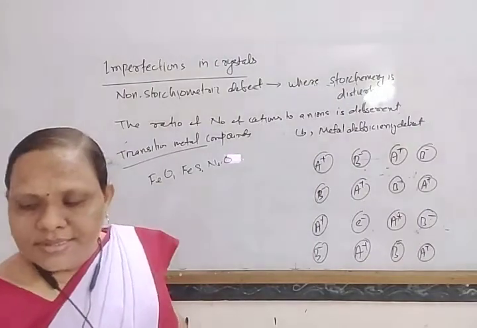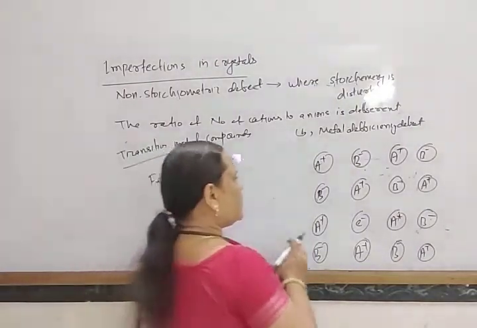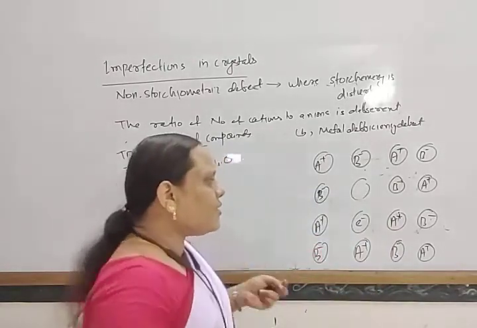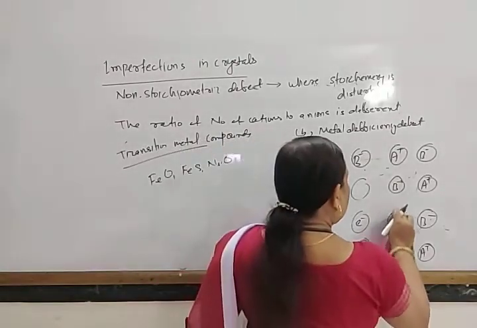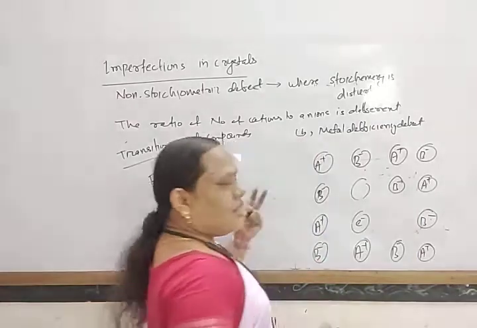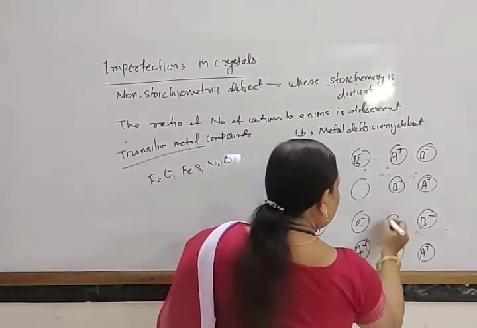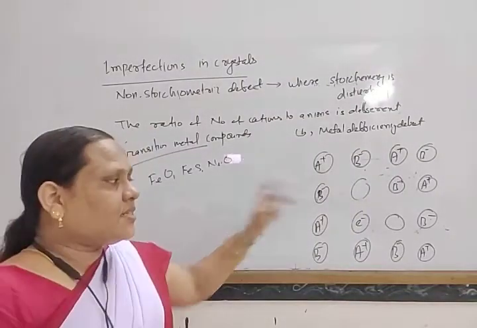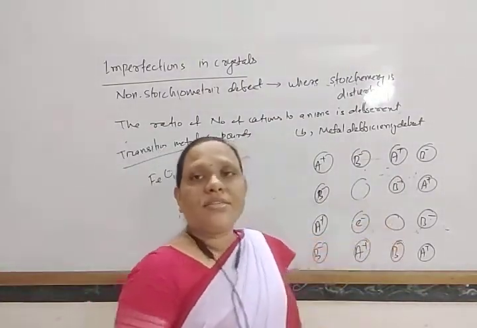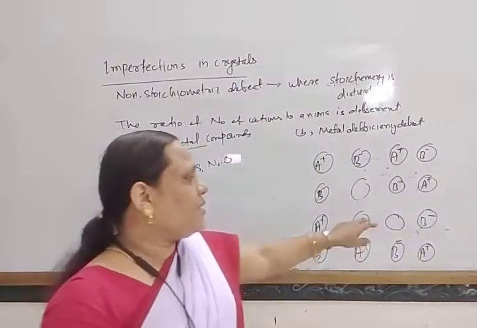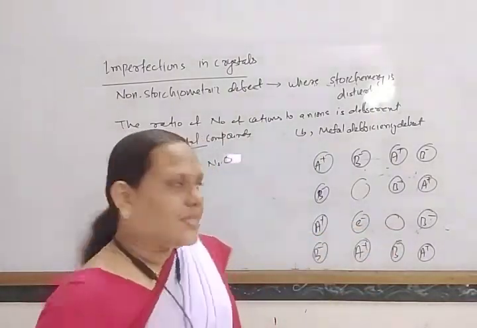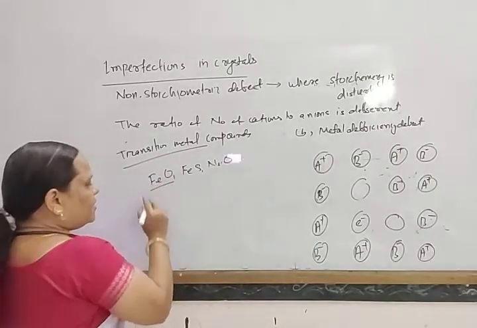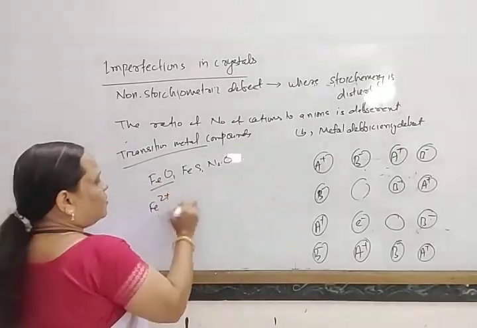So what happens, suppose some cations leave their position, and another cation with another oxidation state remains at the interstitial site. So for example, if there is FeO, your oxidation number is Fe2 plus.